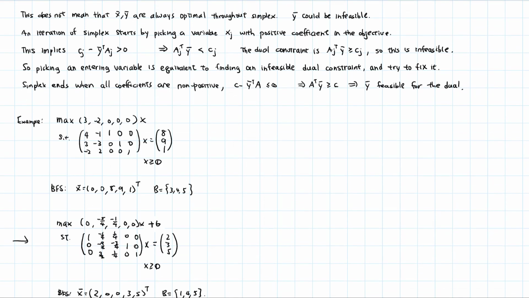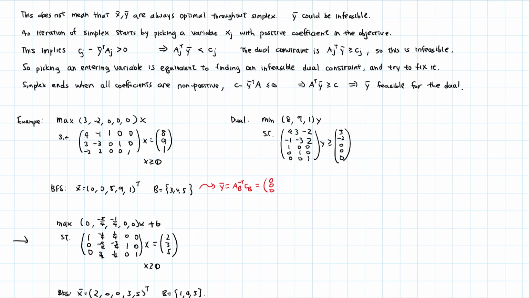Take a look at this example again, with its dual on the right. In the first canonical form, we can calculate the associated dual solution y bar, which is 0, 0, 0. We can check that this vector is infeasible for the dual. The first constraint is violated, and this corresponds to the first entry of the objective function being positive.